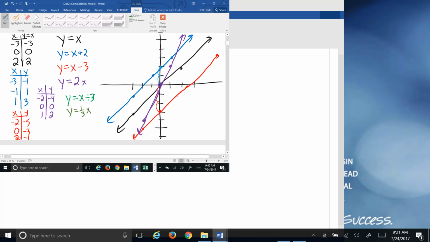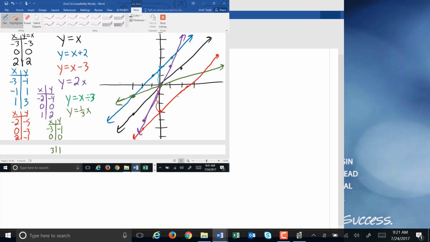That's still dividing by 3, but it's going to do the same thing. So if x is -3, what's y have to be? -1, right? So that's going to be right there. If x is 0, what's y have to be? 0. So that's through the center still. If x is 3, what's y have to be? 1. So sure enough, we do get a line that is a shallower angle across the graph.